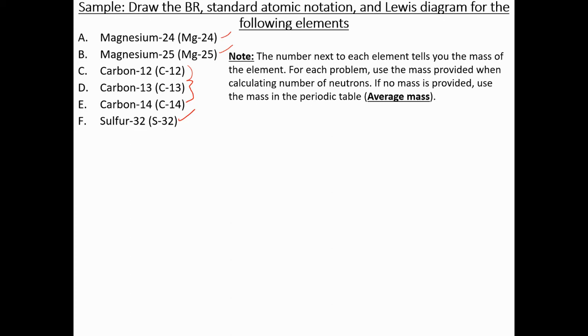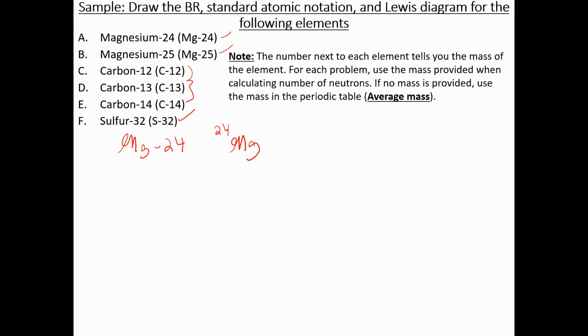So here we're given the mass. So we have 2 magnesiums. Let's start with A. We have magnesium 24. Let's start off by doing the standard atomic notation. We're just going to do Mg. We'll put the mass on top.